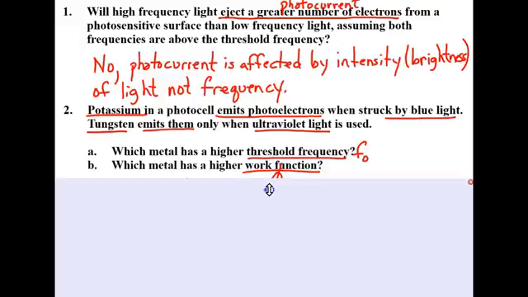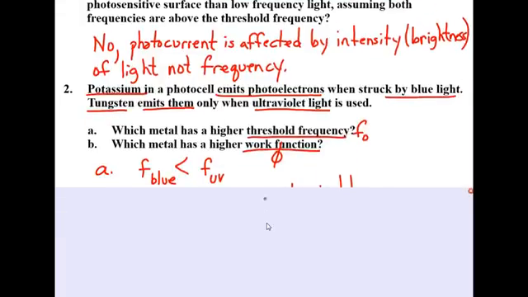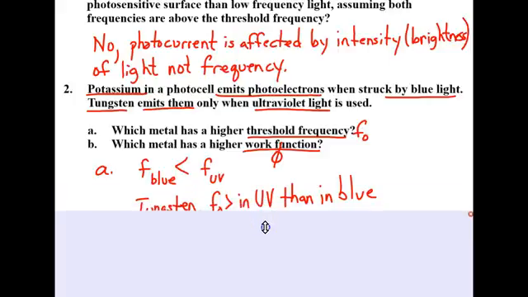Well, the one with the higher threshold frequency is going to be the one where the higher frequency is required to emit them. And looking at your reference table on the electromagnetic spectrum, you see that ultraviolet light is higher in frequency than blue light. So the frequency for ultraviolet is greater than the frequency for blue.